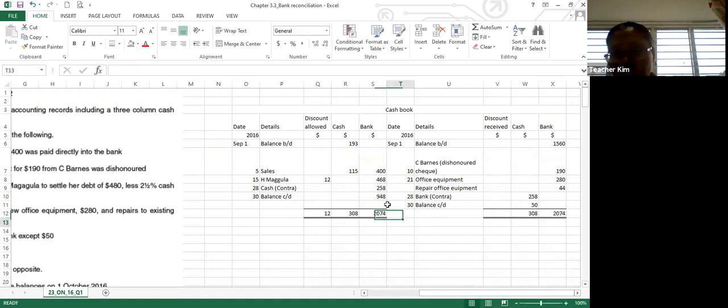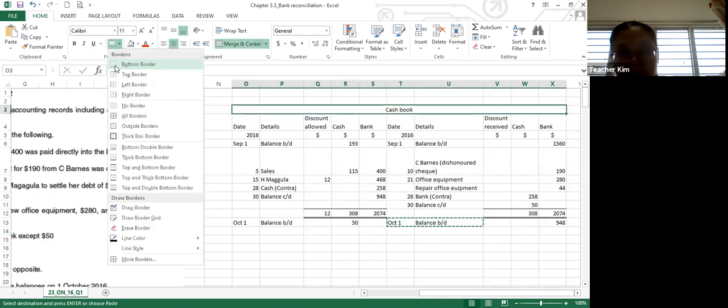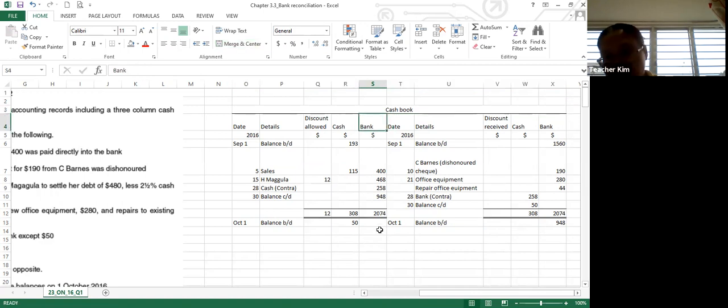This amount is transferred here and becomes the October 1st balance brought down, 948. And then this 50 is transferred in here. So we have settled the cash account first.